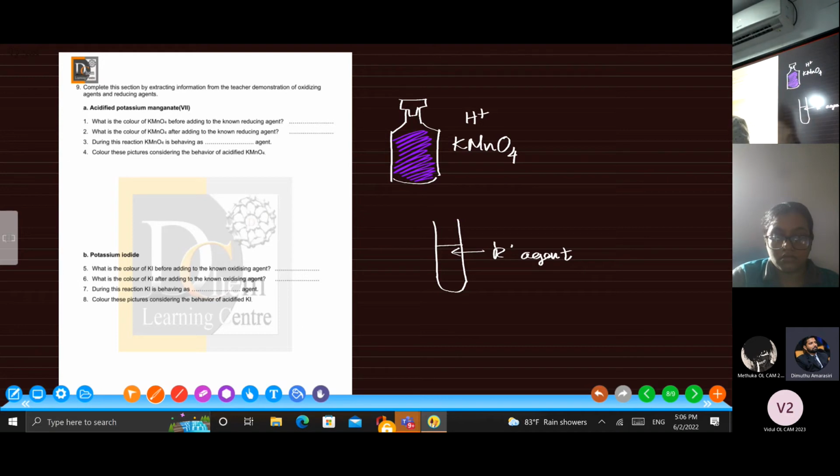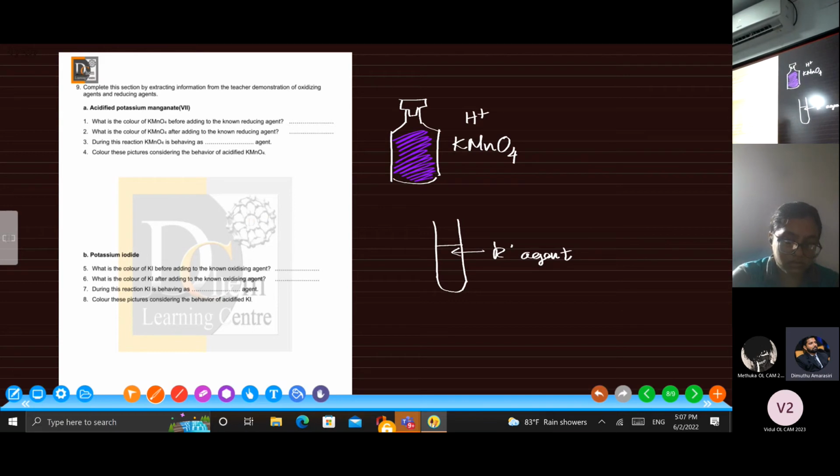No. Or will it change? It changes. If it doesn't react, it will remain violet or as pale pink. Write this down as solution A. Write the observation for solution A with KMnO4.